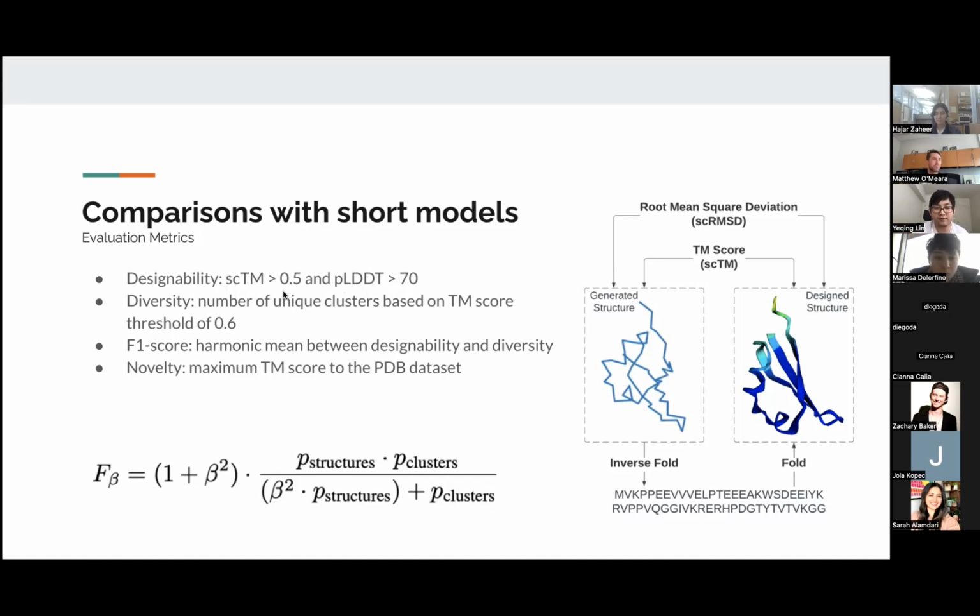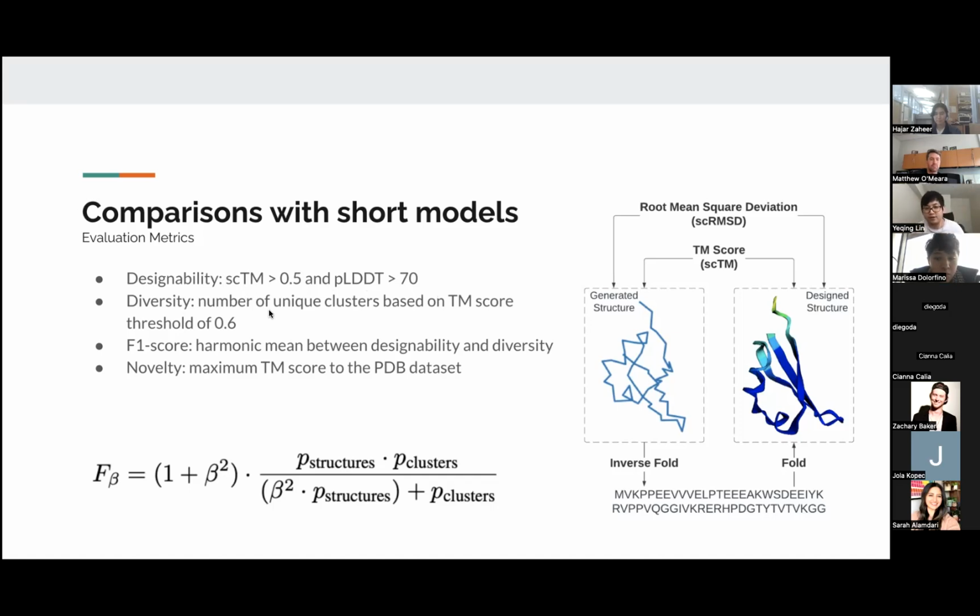Here the metric we're using is scTM greater than 0.5 and pLDDT greater than 70. This is a very loose designability metric, but we will refine that later and switch to RMSD.